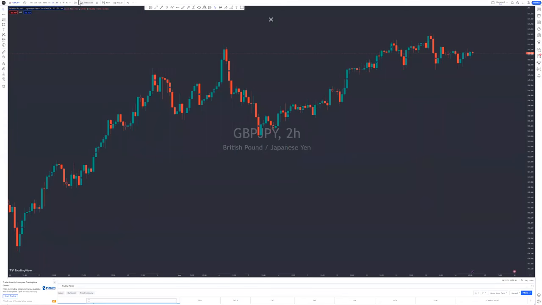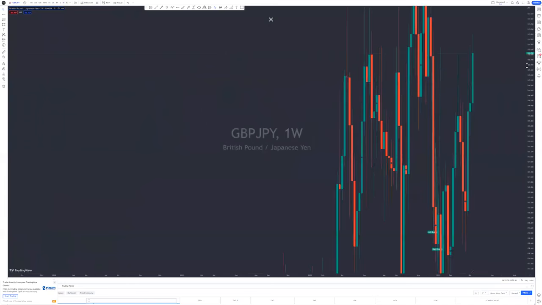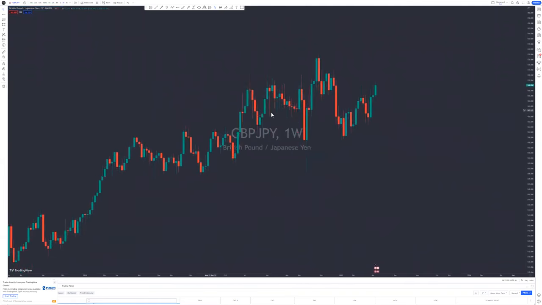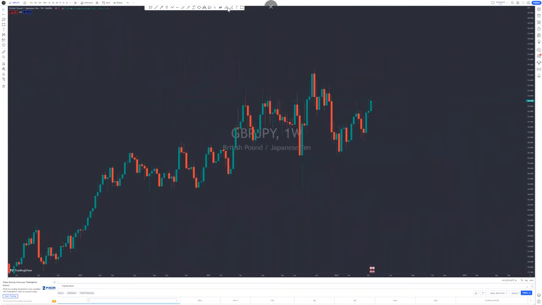So GBP JPY, because it's a Sunday, I'll start on the weekly. Currencies I start on the weekly on Sundays. So let's look at it. We're going to focus on the current market. One thing I'll do is use my trend line. As long as I have 3 touches of the trend line, it's perfect. 1, 2, 3.